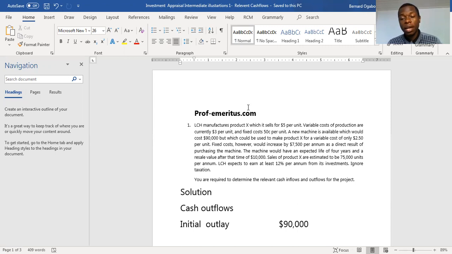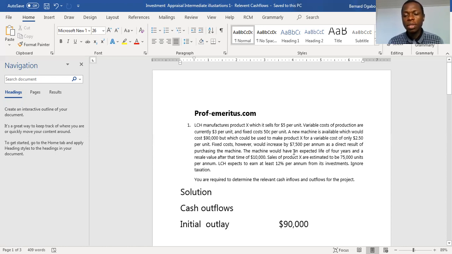So what is happening here actually is that they have a product that is already in use by the company, and then they have a new machine. The benefit the machine will achieve for the company is that once they buy the machine, the variable cost is going to reduce from $3 per unit to $2.50 per unit.